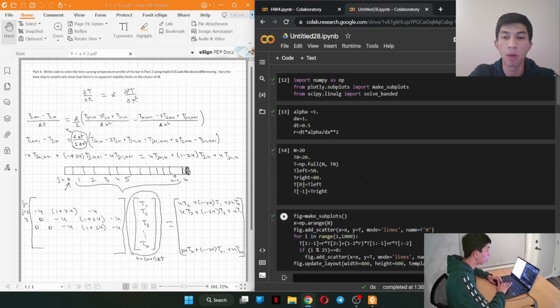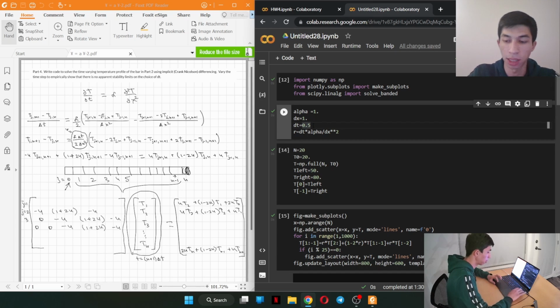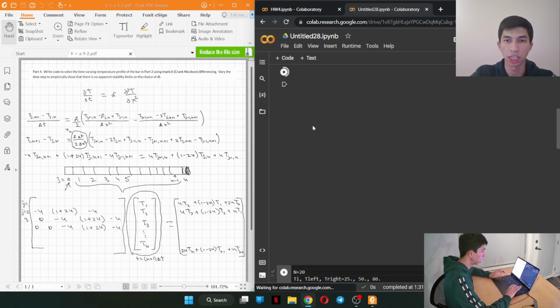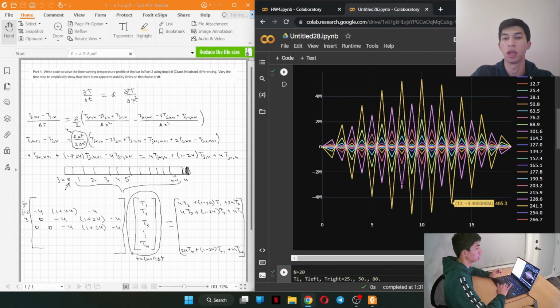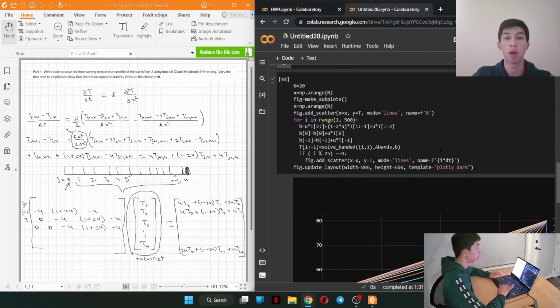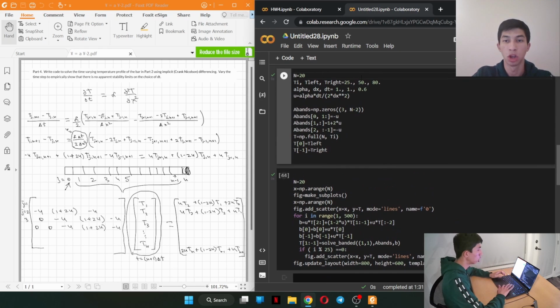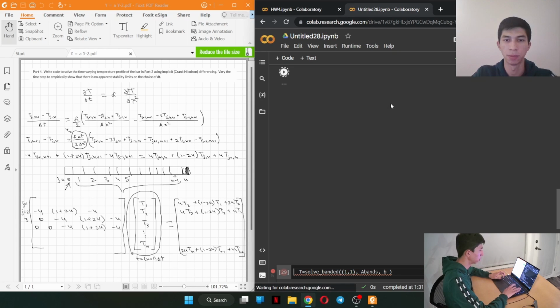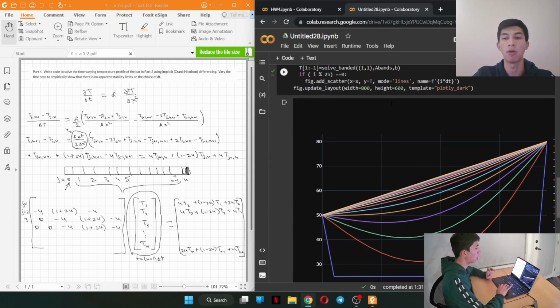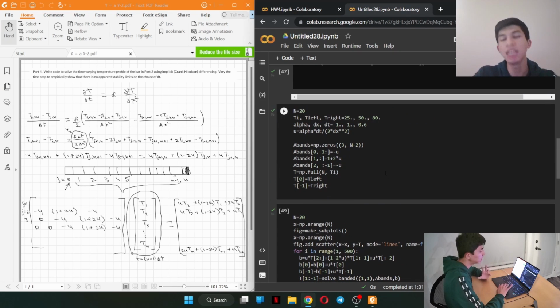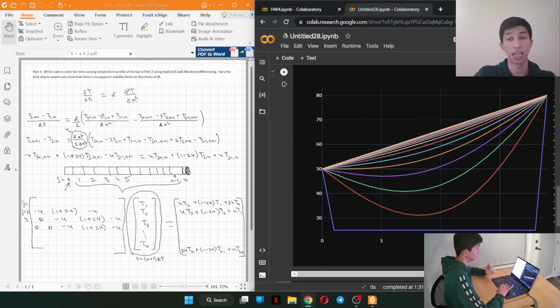With the explicit differencing method, when we increased it even slightly, even the minor change would cause this kind of problem, whereas in the Crank-Nicolson method, no matter how much we change our dt value, it's still going to be stable.